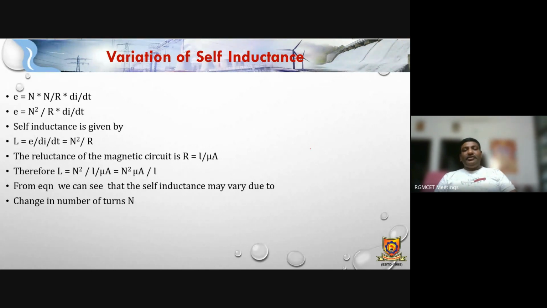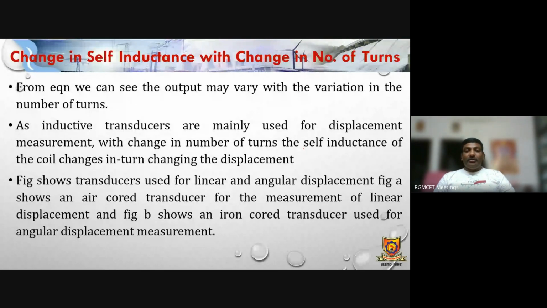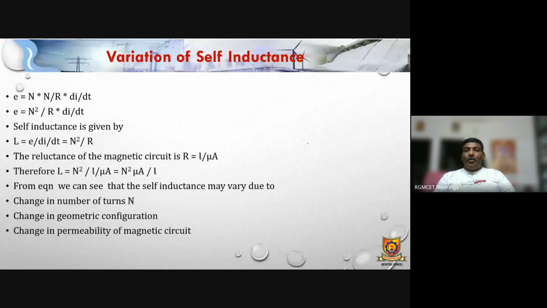From the equation we can observe that the self-inductance value can be changed based on the changing number of turns, based on the geometric configuration, and based on the permeability of the magnetic circuit. If you change N, the value of L changes.